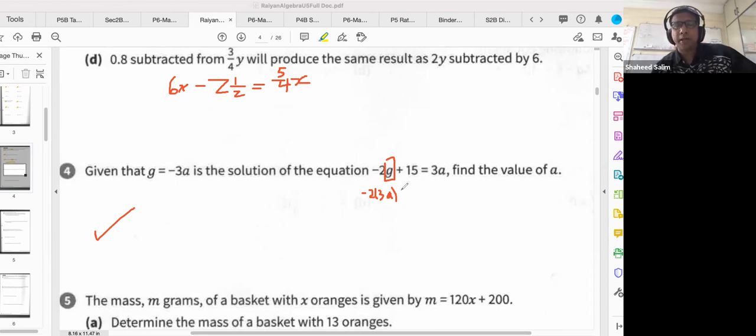And minus 3A, sorry, yeah. Sorry, it's a minus 3A here. Please take note, sorry, because I did not copy it correctly.